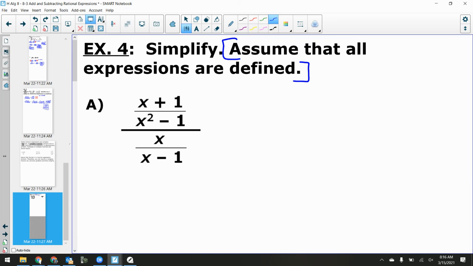So how do we simplify this down? Well, in my opinion, it would be best to just write it as a division problem. Like here, this would be x plus 1 over x squared minus 1 divided by x over x minus 1, right? That's really what that fraction bar is saying. And we can do a division problem with fractions. No big deal. Let's factor it down a little bit.